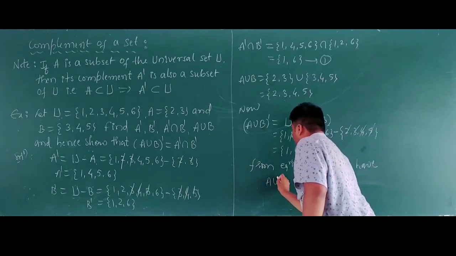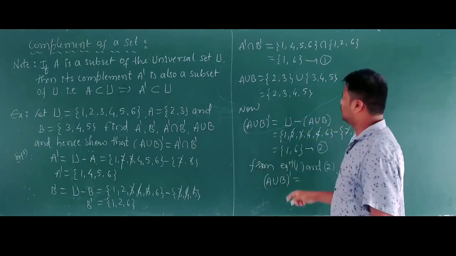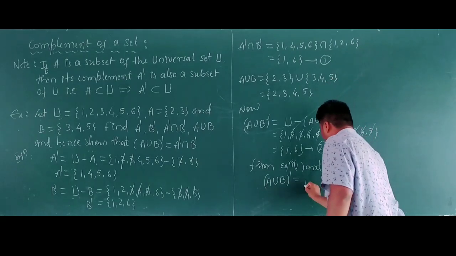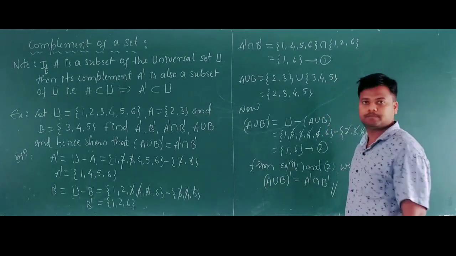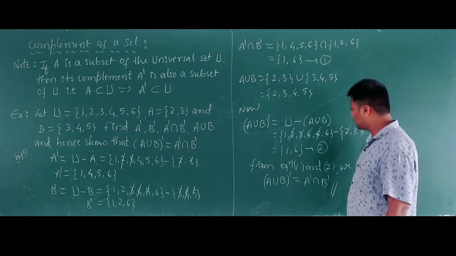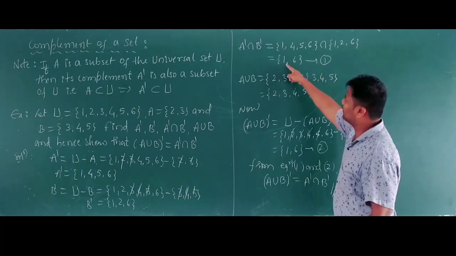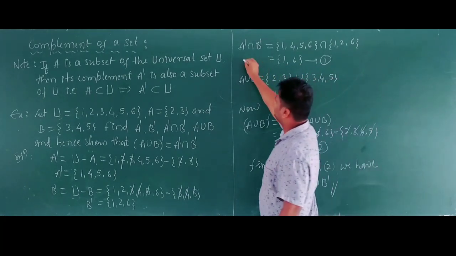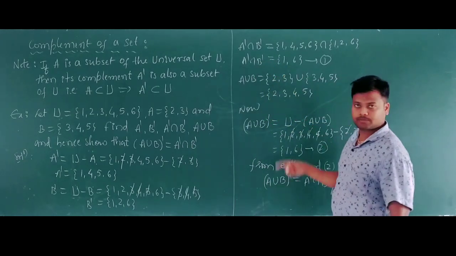So A union B whole complement equals A dash intersection B dash. From equations 1 and 2, the set A dash intersection B dash contains the elements 1, 6.